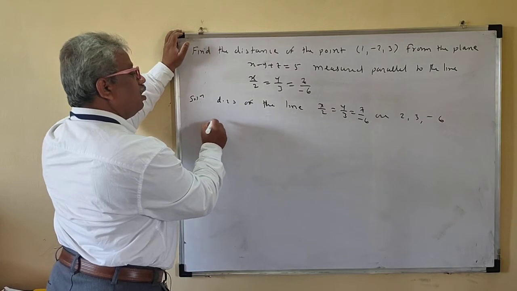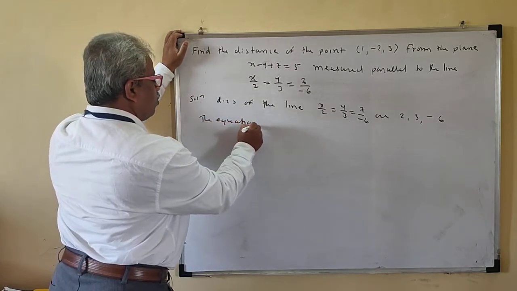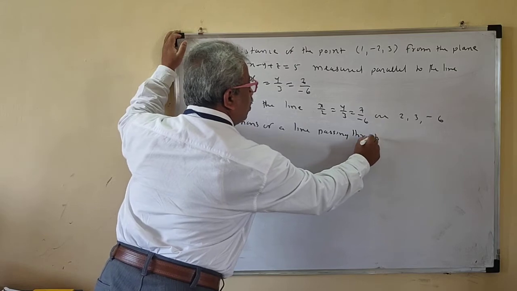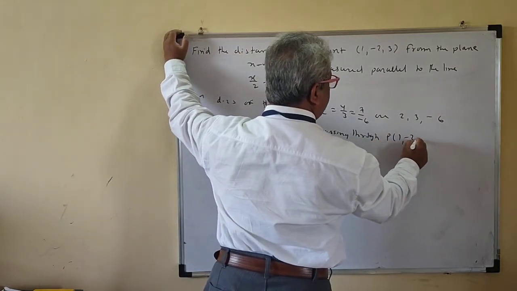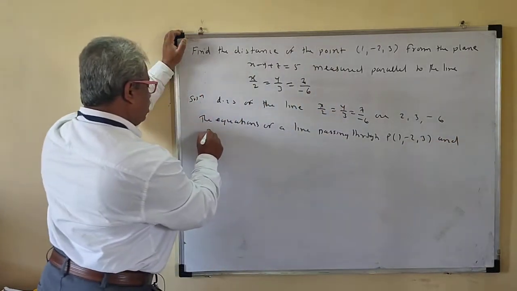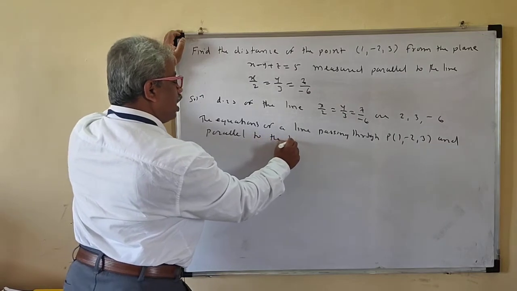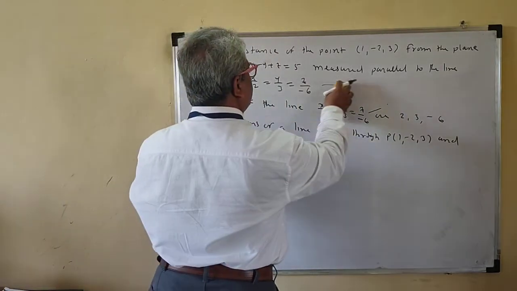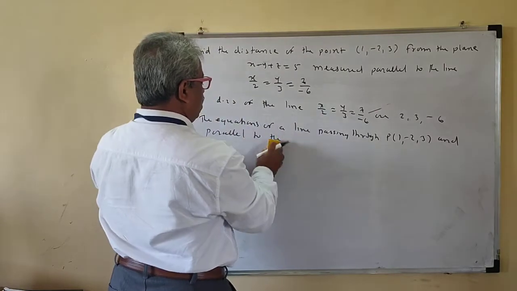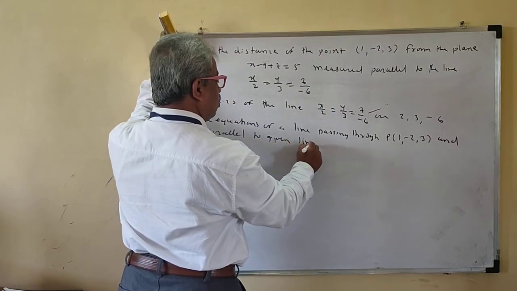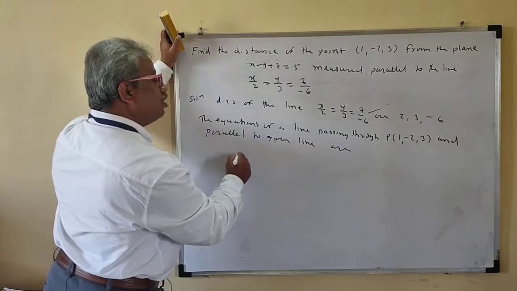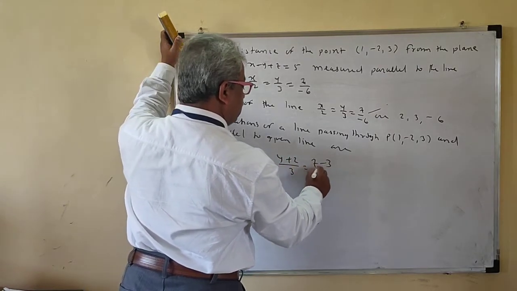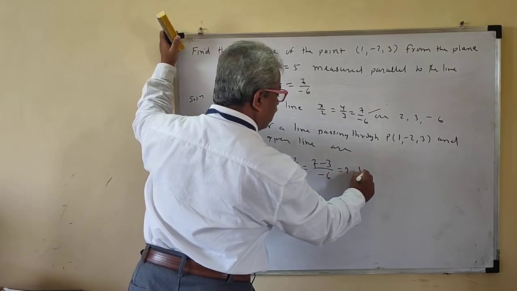The equation of a line passing through P (1, minus 2, 3) and parallel to the given line: x minus 1 upon 2, y plus 2 upon 3, z minus 3 upon minus 6 is equal to r.